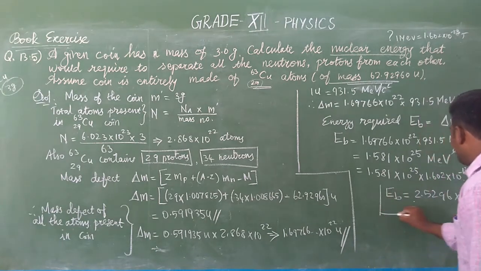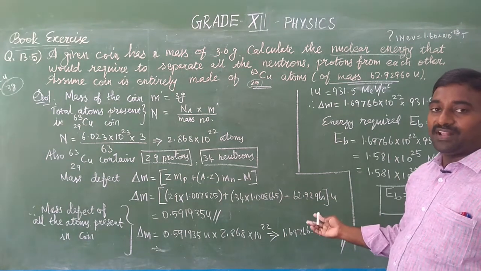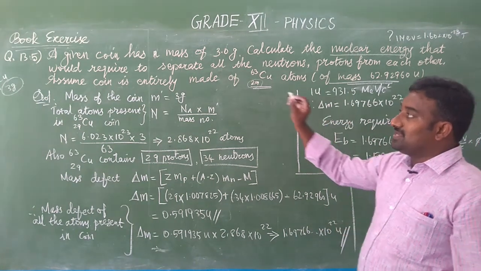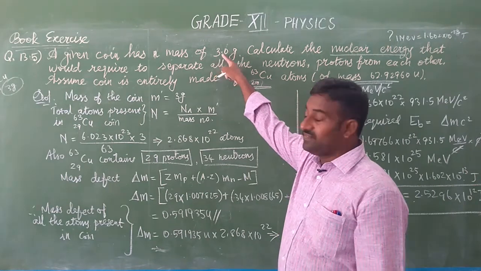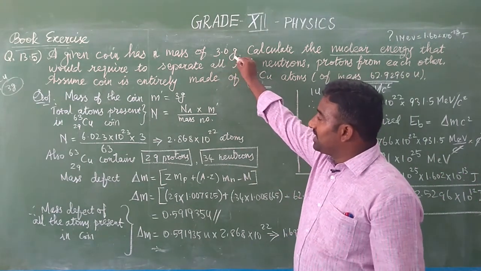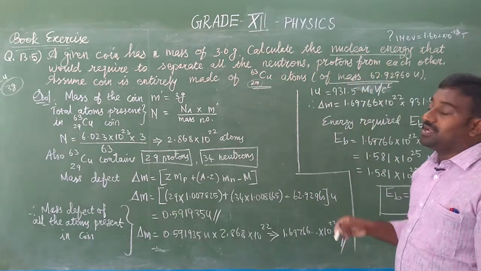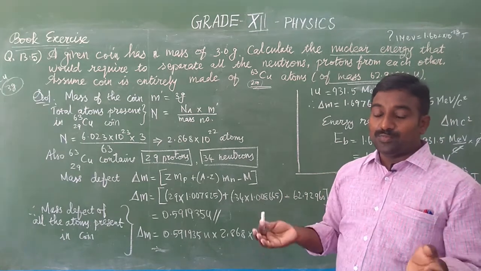So this much amount of energy is needed for the copper coin to separate into protons and neutrons from each other. Okay, it's a very simple question. Once again, I'll repeat, listen carefully. There is a coin given to you and the mass of the coin is just 3 gram. We are going to calculate how much nuclear energy would be required to separate it into protons and neutrons.